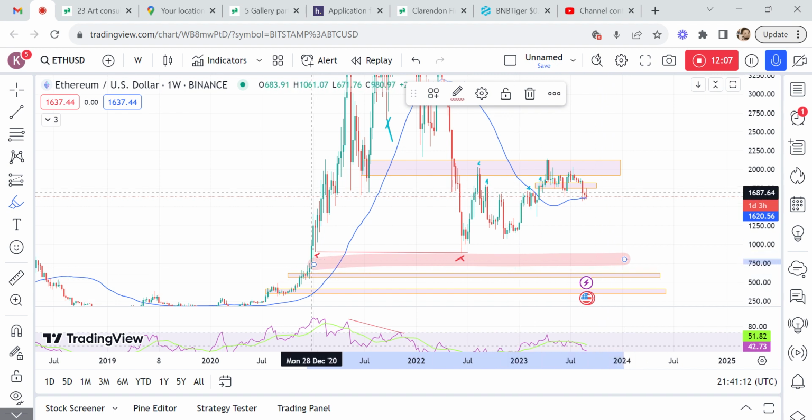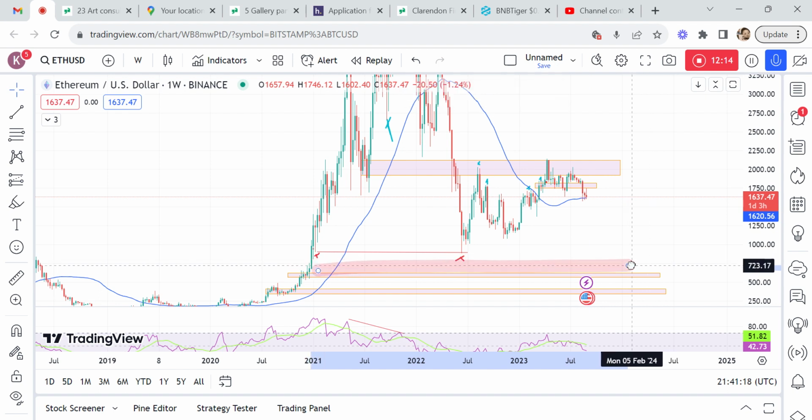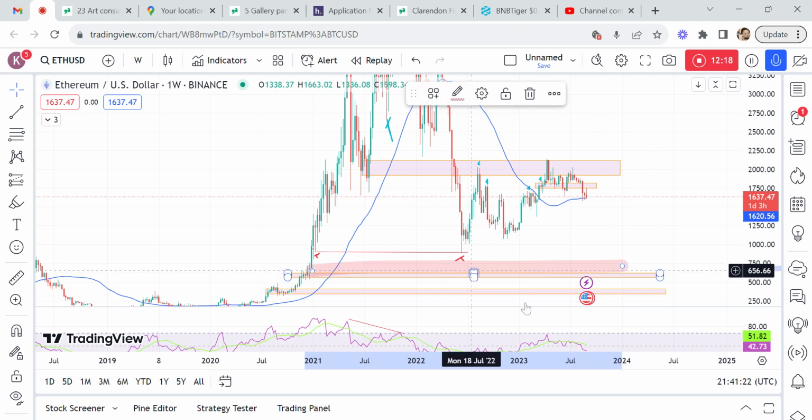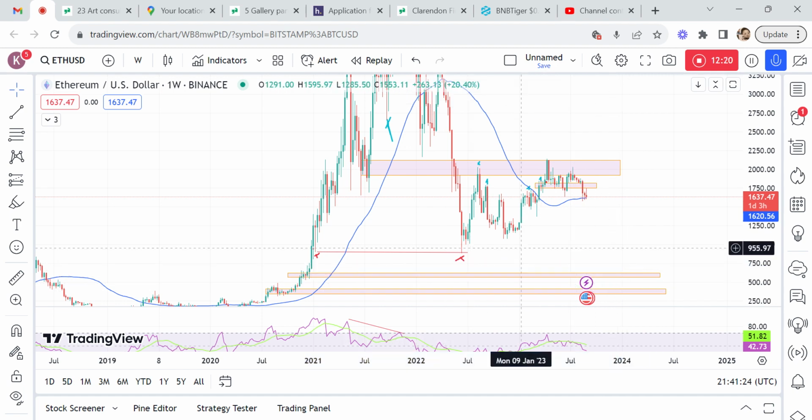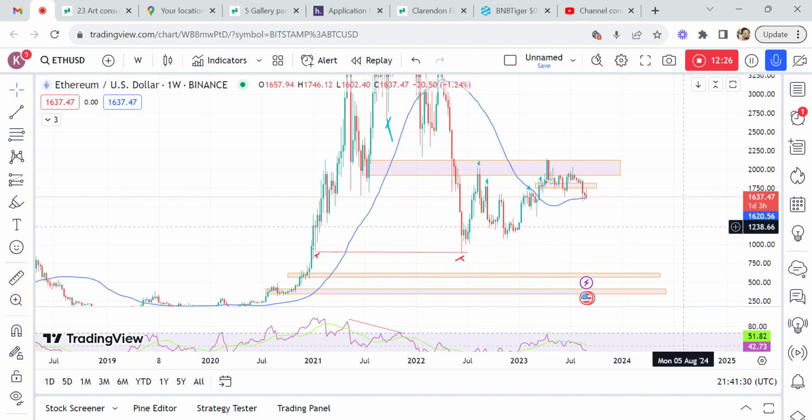Okay. So this level here is a void that needs to be filled. So that is a liquidity void. So the market has to come and fill that void before it actually reverses, or if it will go up, go.